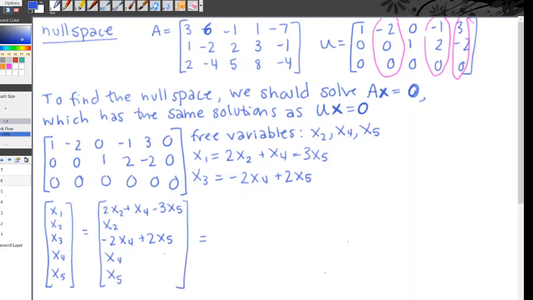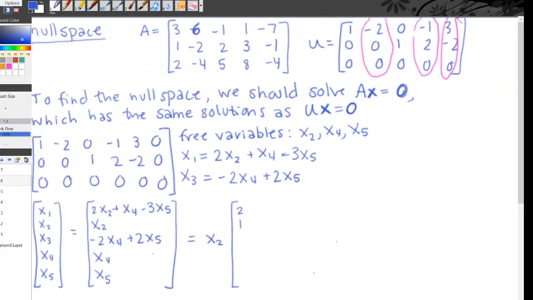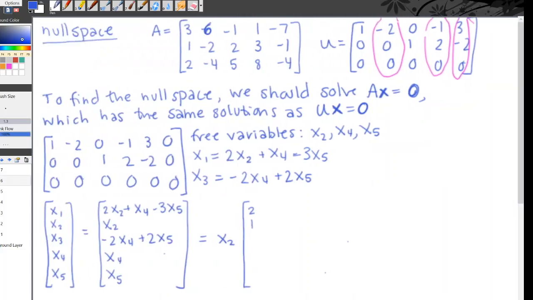Okay, so now we can pull out those free variables and everything else will be expressed in terms of them. So we can do x2, and that will leave us with 2 from the first row, 1 from the second row. Sorry about that. Let me scroll back over. Third row will be 0, fourth row will be 0, fifth row will be 0.